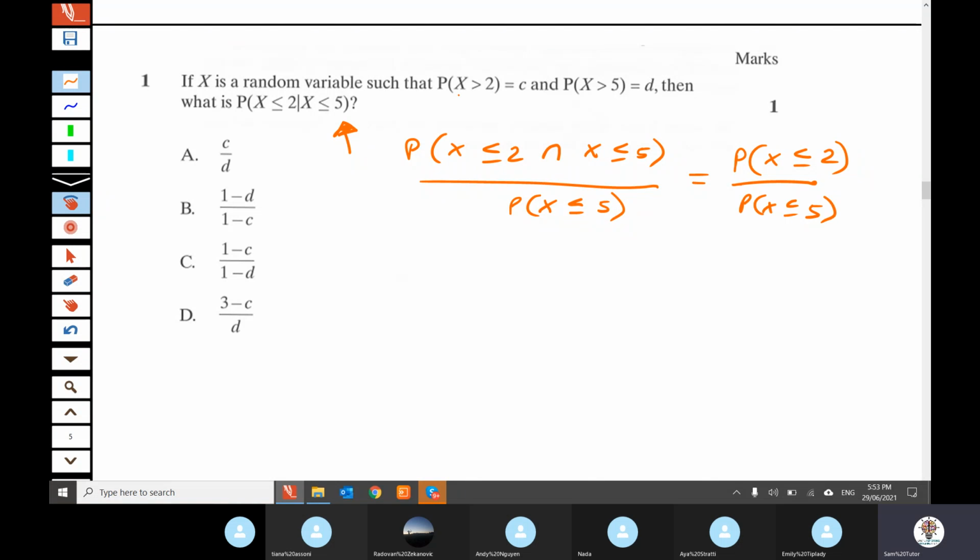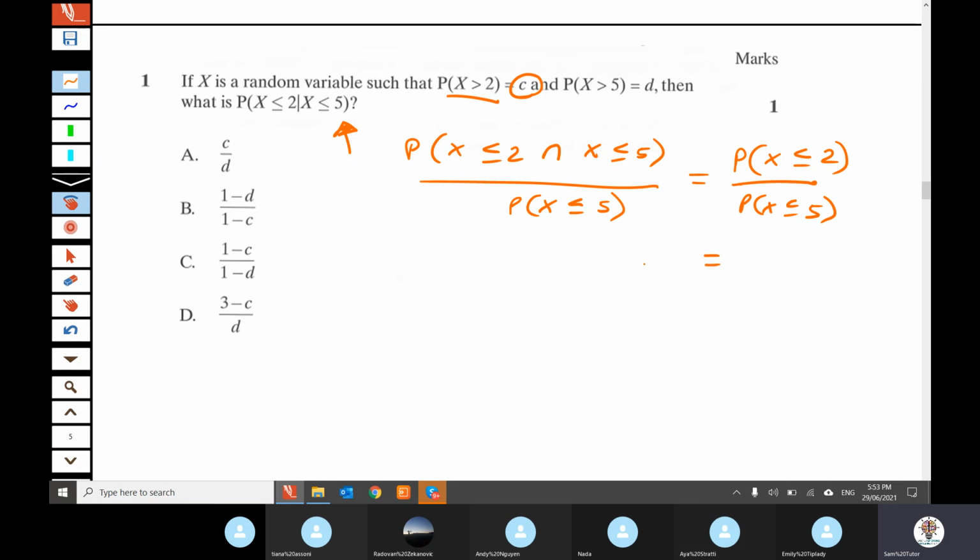If you know the probability of x greater than 2 is C, what's the probability of x less than or equal to 2? Again, think logically. Maybe some of the answers that you see in the multiple choice might help you now. Any ideas?